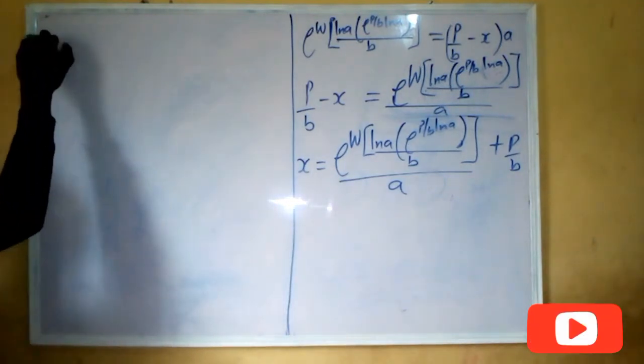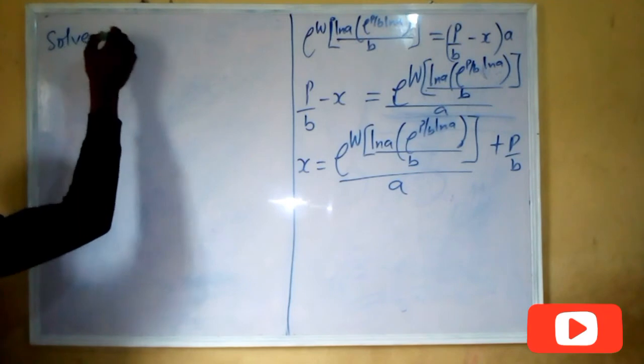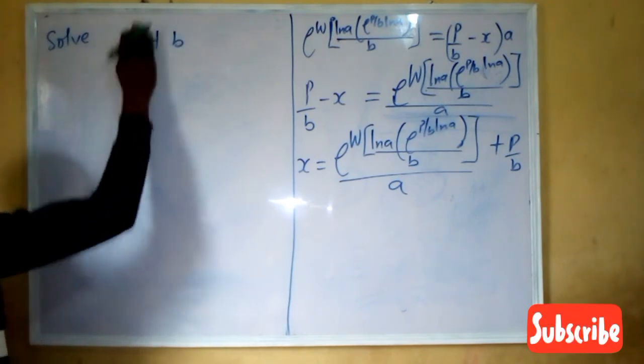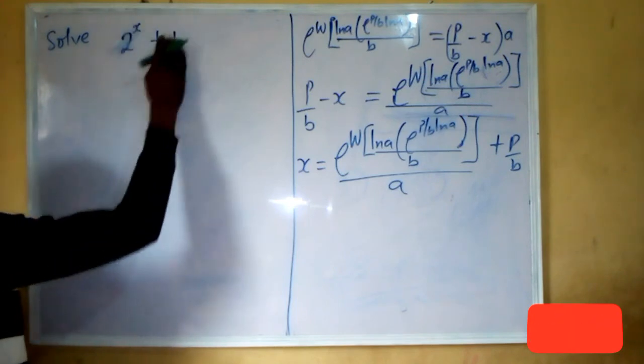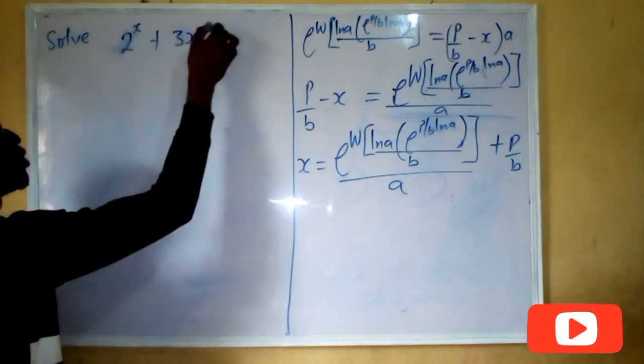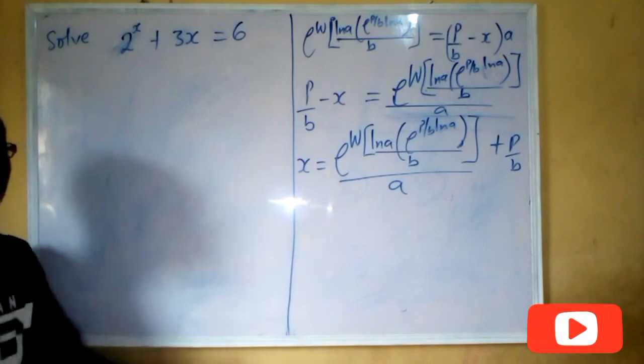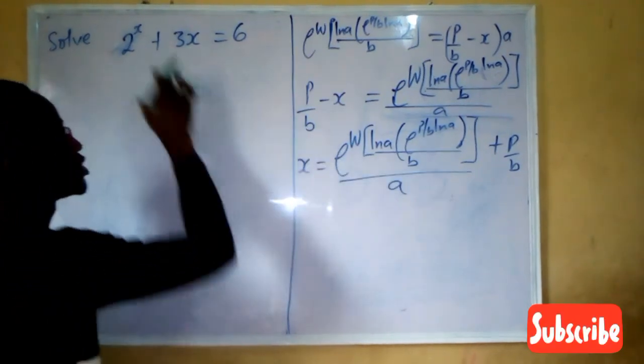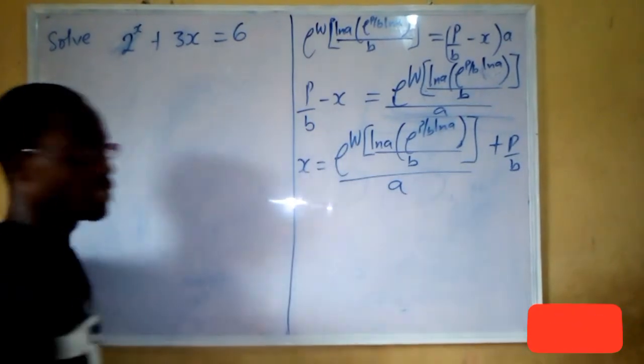So for instance, we said solve a raised to power x plus bx. Let's assume it is 2 raised to power x plus 3x all equals 6. To solve that is very easy. We know that x equals this, so we just slot in those values into this, then solve it out.